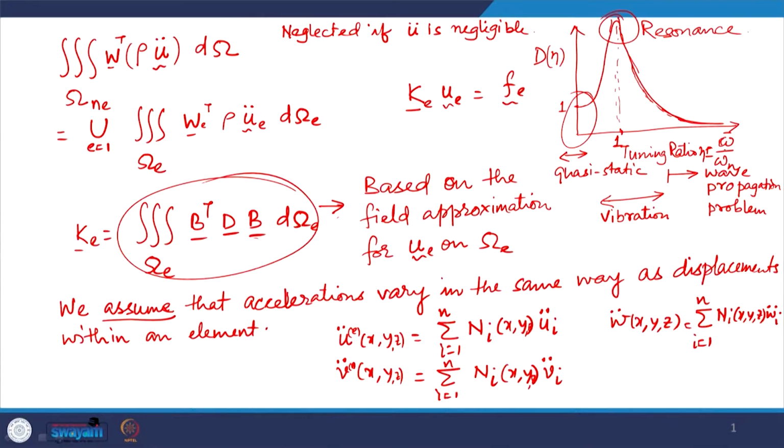If you recall the basic formulation that we had, omega bar over omega n, this is omega n, that is the natural frequency of the structure, and omega bar is the excitation frequency. So what do we mean by natural frequency of a structure, and how can we find it, what is the way to determine it?